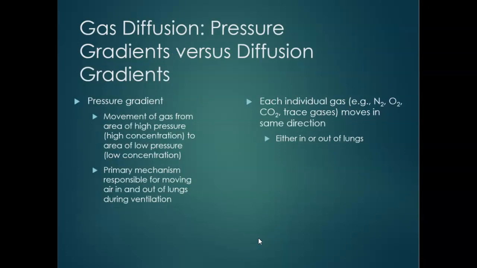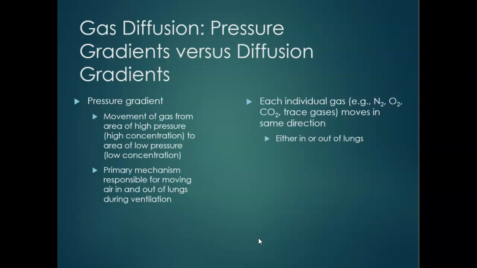So remember the diffusion of gas: pressure gradients versus diffusion gradients. Pressure gradients are the movement of gas from high pressure concentrations to low pressure concentrations. That's what we talked about with ventilation. And then remember that each individual gas doesn't necessarily move in the same direction at the same time, right?